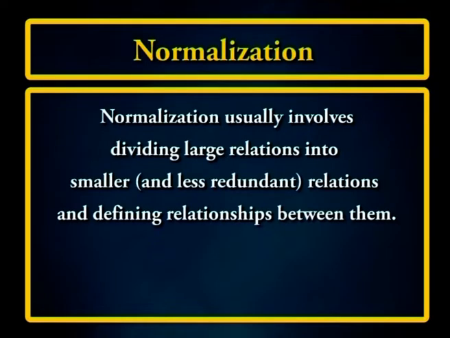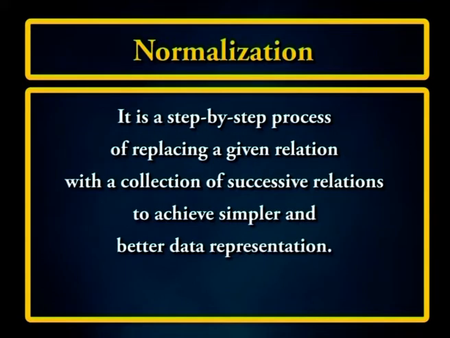Normalization usually involves dividing large relations into smaller relations and defining relationships between them. It is a step-by-step process of replacing a given relation with a collection of successive relations to achieve simpler and better data representation.